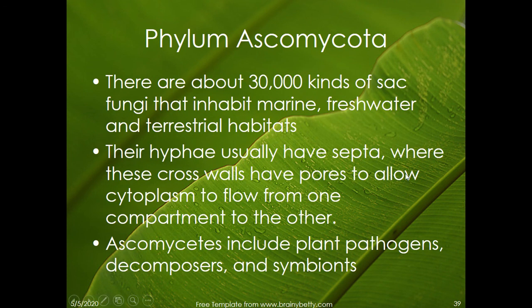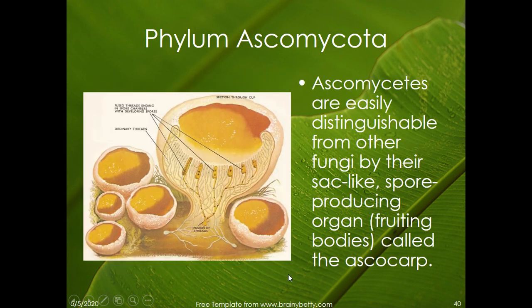And then the hyphae are septate, where they have a cross wall, which is the wall between two cells that has pores that allow the cytoplasm to flow from one compartment of cell to another. So ascomycetes include plant pathogens, decomposers, and also symbionts.